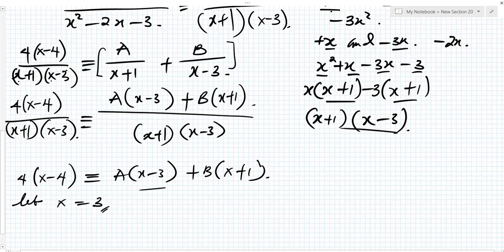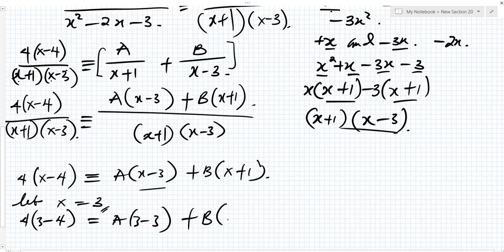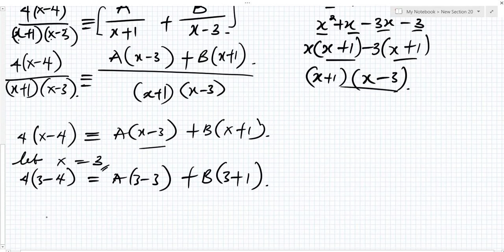For x equal to 3, if you put it here, you have 4 into 3 minus 4, which will be equal to a times 3 minus 3, which is 0, plus b times 3 plus 1. So 3 minus 4 will be minus 1, times 4 gives minus 4.